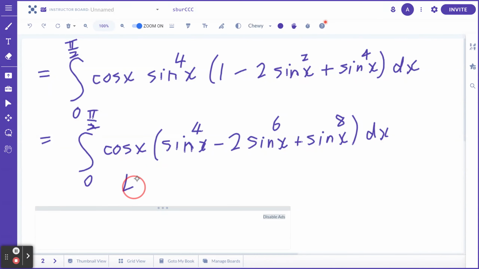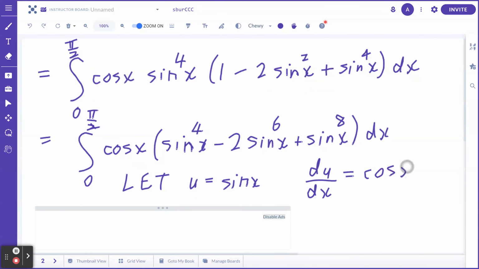You can let u equal to sine x. And again, what that means is you can find a derivative. So if you're looking for du by dx, which means you want to find the derivative of u with respect to x, that's going to be cosine x, and du equals cosine x dx. This is key.